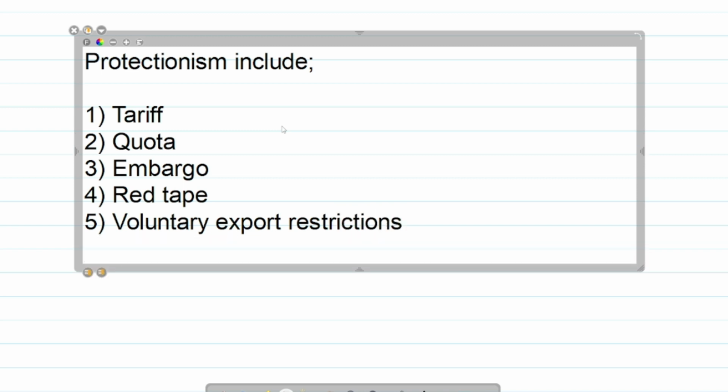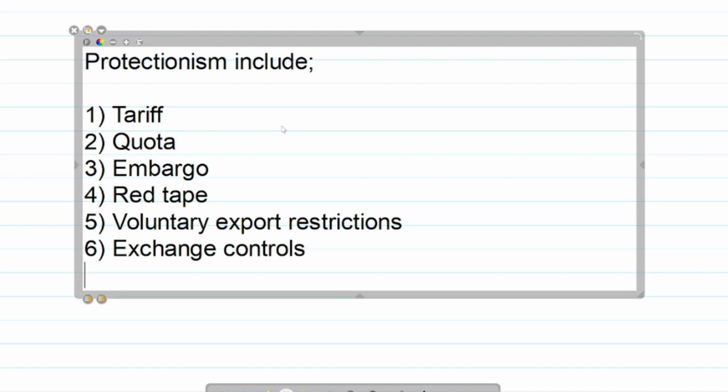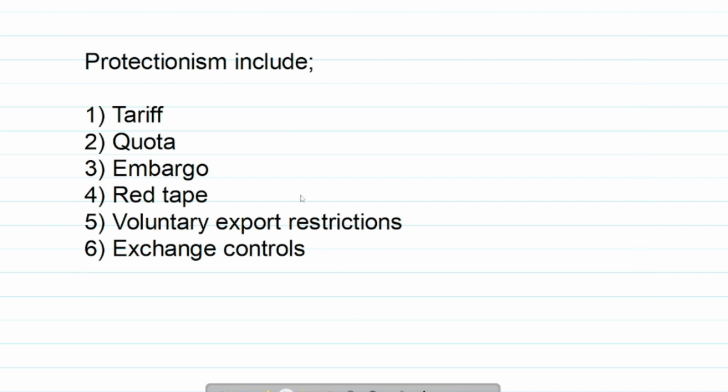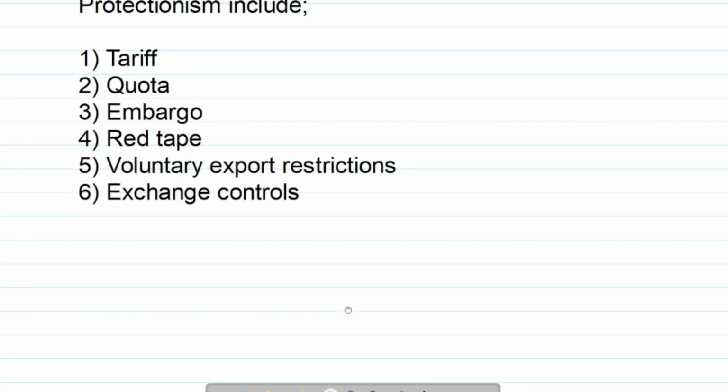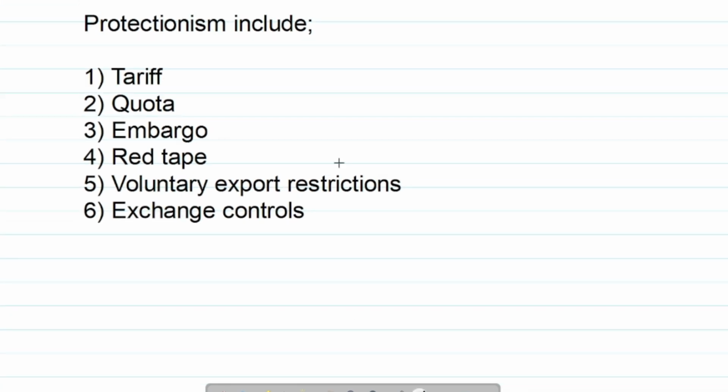Then the last one is exchange controls. So these are different methods of protectionism that government generally uses, and what are the basic meanings of these terms, and how these methods can protect local industry from international competition and can correct deficit balance of payment, I'll focus on those parts now.